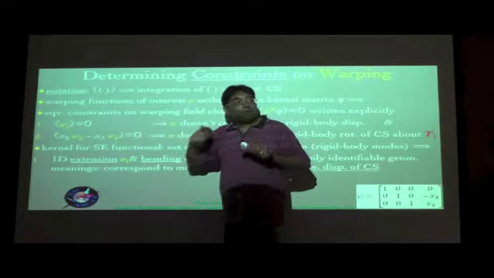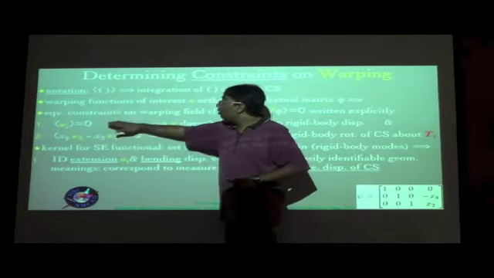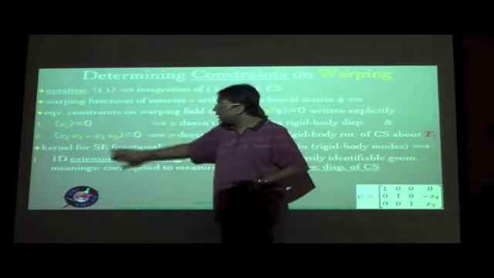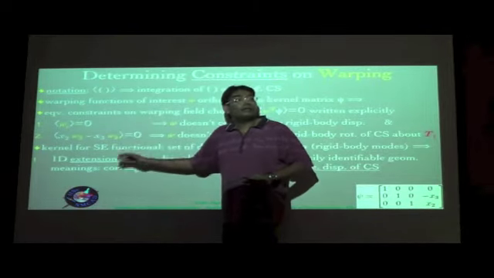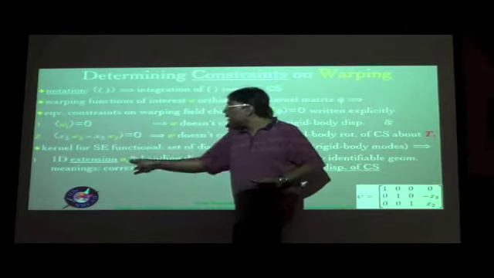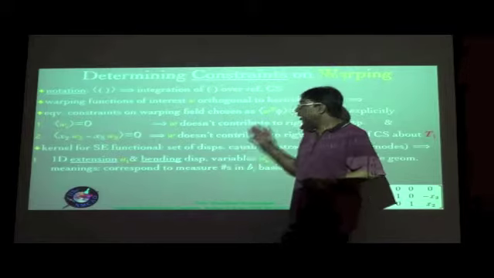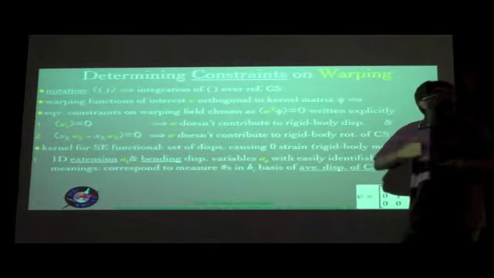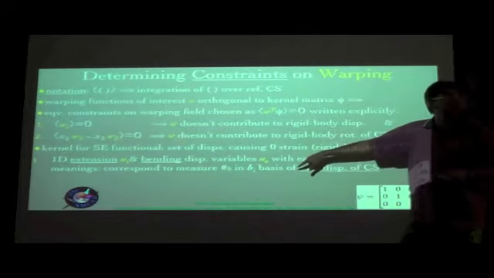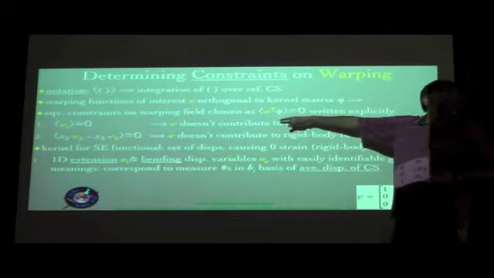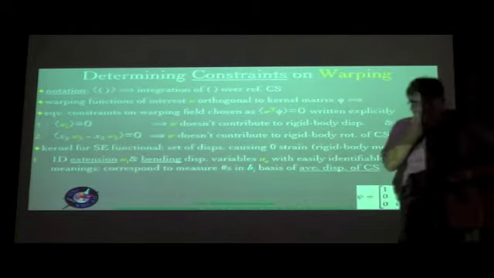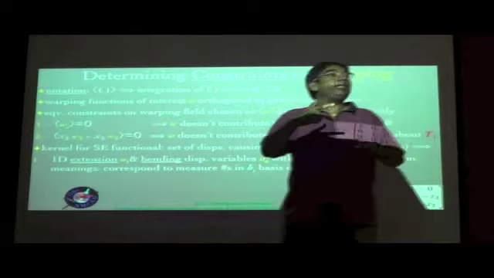But basically, once the warping average is equal to 0, then the corresponding u's, that is u1, u2, u3, small u's, which are functions only of x1, are nothing but the average displacements of the cross section. That has to be accounted for, because that is not being accounted for in the warping.